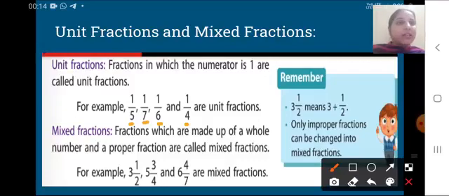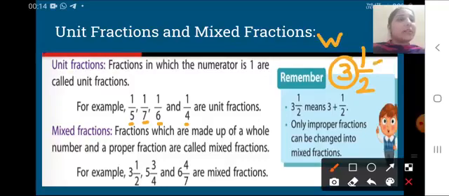Here this 3 is the whole number and 1 upon 2 is a proper fraction. Why a proper fraction? Because the numerator is smaller than the denominator. And 3 here is the whole number, whereas 1 upon 2 is the fractional part.